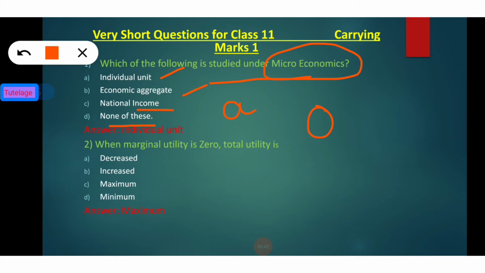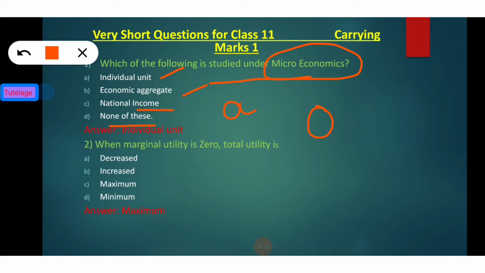Individual unit is studied under microeconomics. Micro means a small thing, and the macroeconomics concept is related to the large thing, such as national income and economic aggregate. So option A, individual unit, is the correct answer.